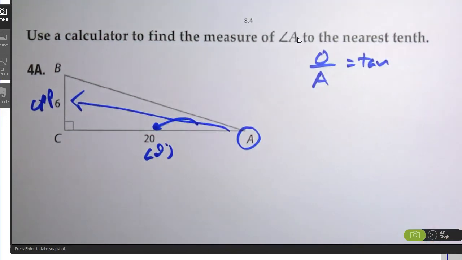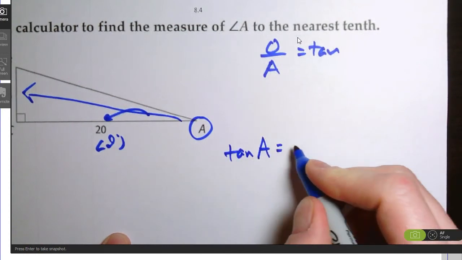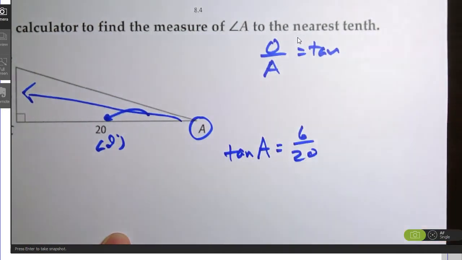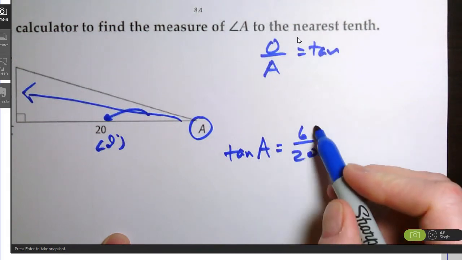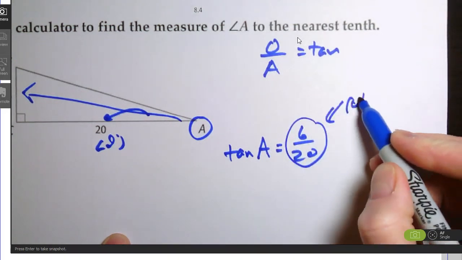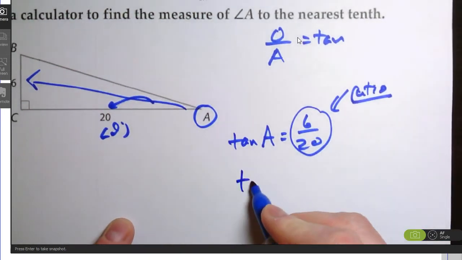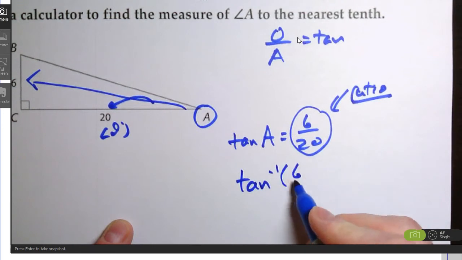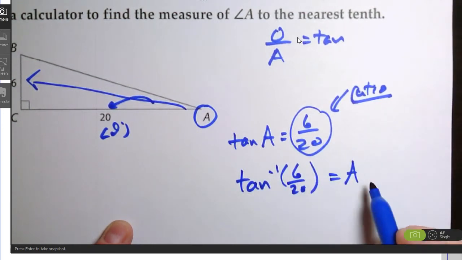So here's the work. The tangent of angle A is 6/20. I know the ratio here, and I want to know the angle. So that's where I do inverse tangent, which, given the ratio, will give me the angle.